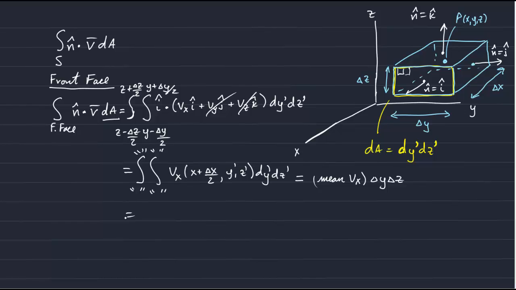And the mean horizontal velocity, or the mean component Vx on the plane, can be described as Vx at x plus delta x over 2, plus some point on the plane, some point of y and z on the plane, that equals the mean.